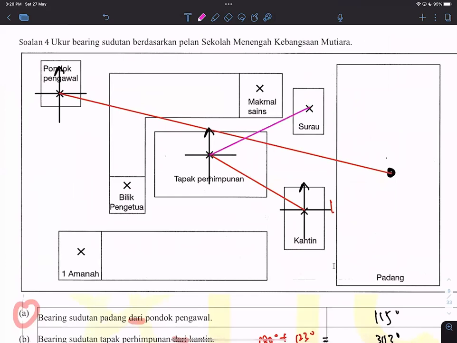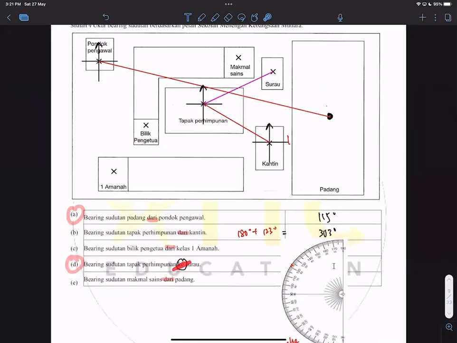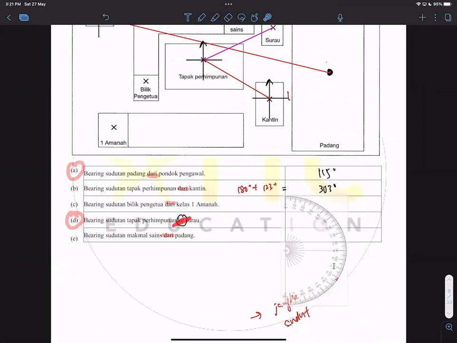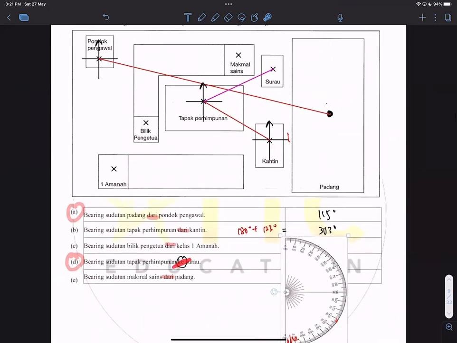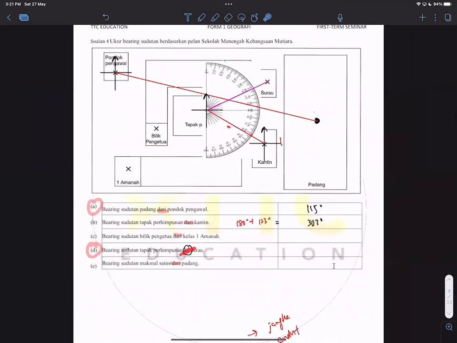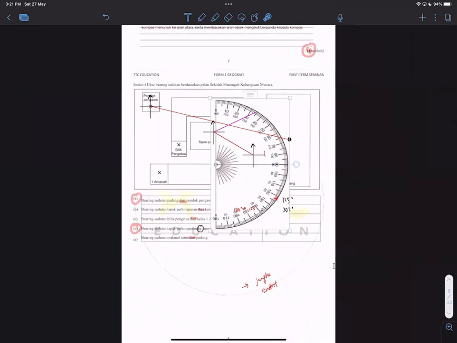So I use pink color. This is how you are supposed to measure, based on the questions, either dari or ke. Okay, so for ke, this is definitely lesser than 180 degree. So just rotate back and then measure. Guys, this is very technical. If I enlarge it, this is the size of your F4 paper.